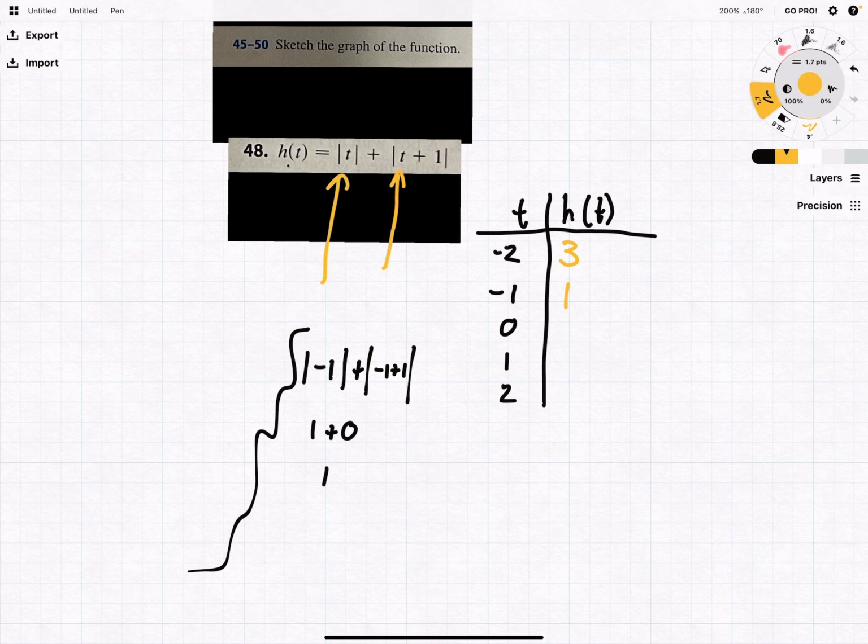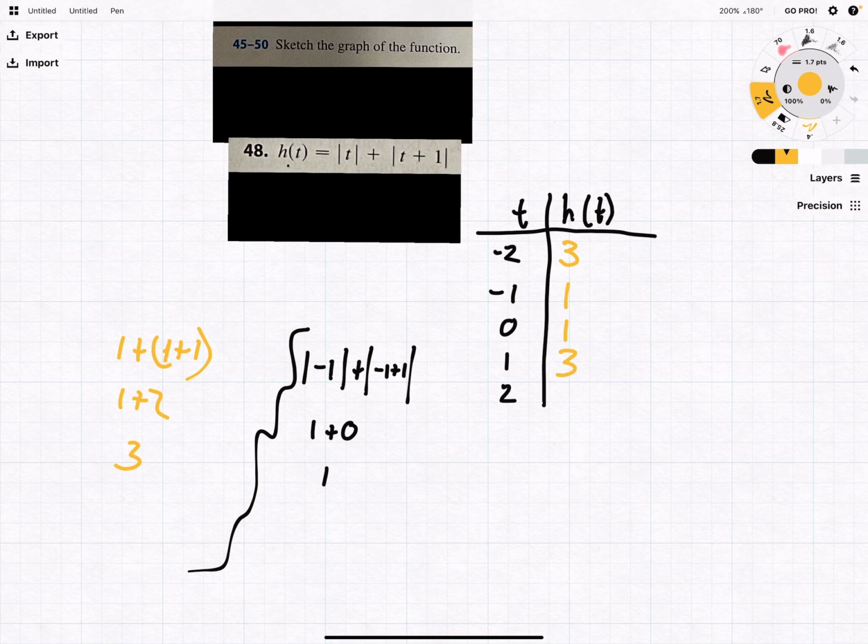Now, when we have t equal to 1, we do get something different than before. I'll just skip some of the absolute value if that's okay. So when we plug in 1, we'll get 1 plus, and then 1 plus 1, right? So that's 1 plus 2, and that gives us 3.